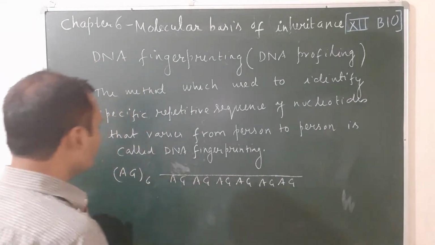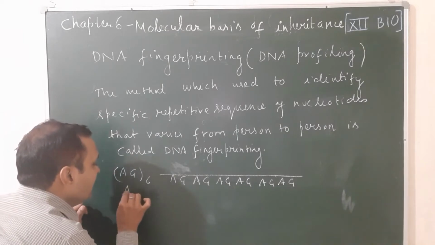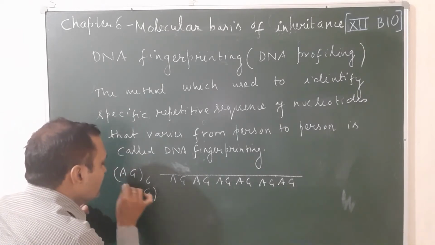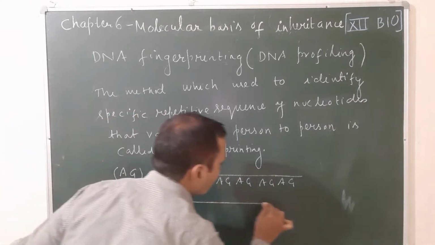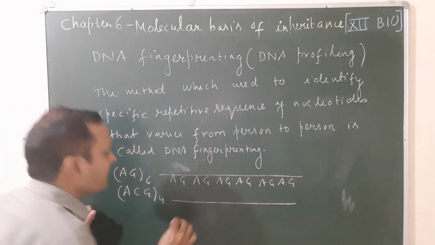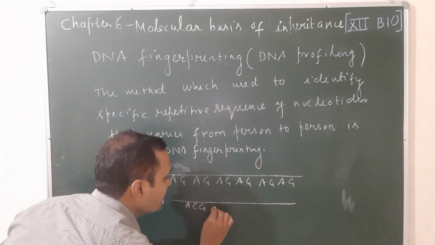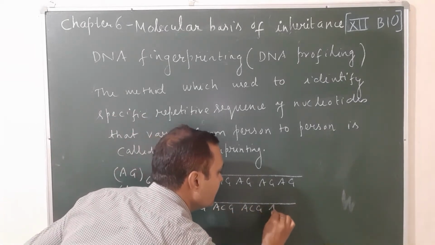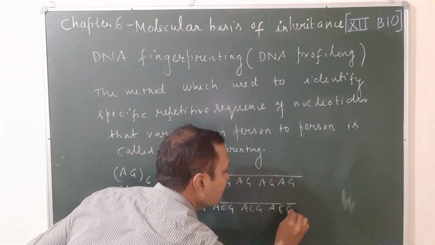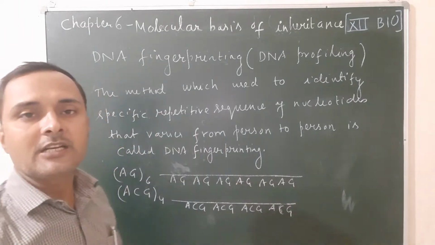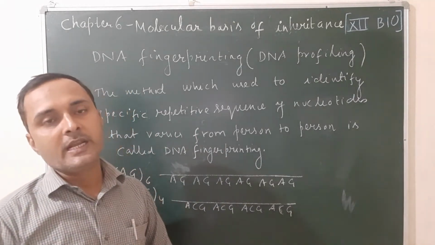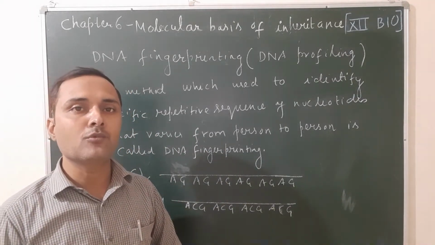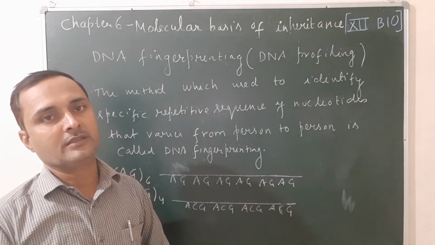For example, see one more sequence. Suppose ACG repeats 4 times: ACG, again ACG, again ACG, and ACG. This is a repetitive sequence that varies from person to person. It is only the same in the case of monozygotic twins.